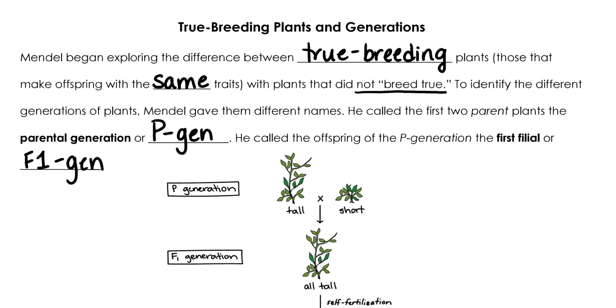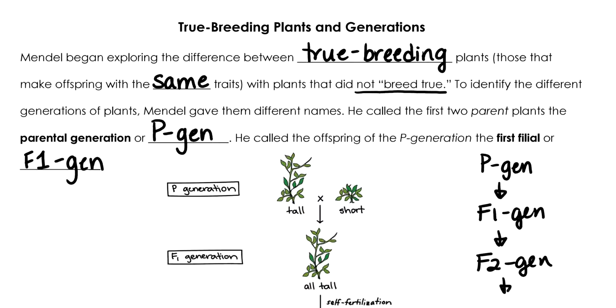And it goes downwards like that. So if the F1 gen make babies, those are the second filial or F2 generation, and so on. So if we have to summarize this, we can say P gen, F1 gen, F2 gen, and so on, F3, F4, etc.